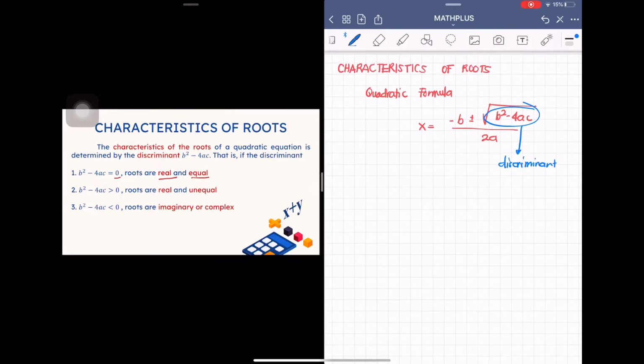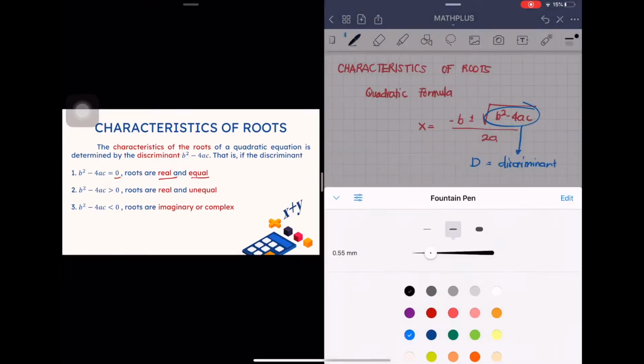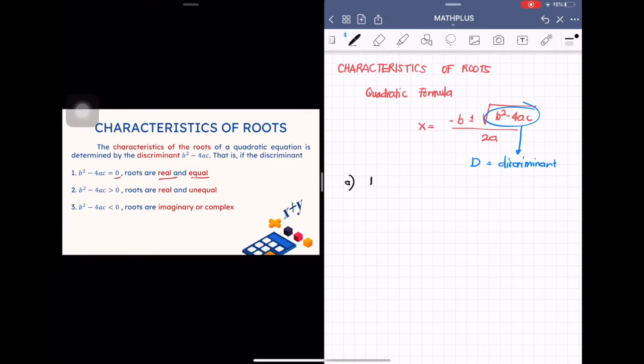Some references use capital letter D as a symbol for the discriminant. The first condition is that if your discriminant, which is b squared minus 4ac, is equivalent to 0, then you get real and equal roots.